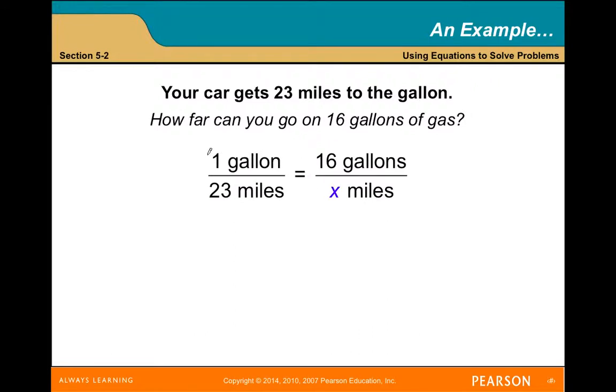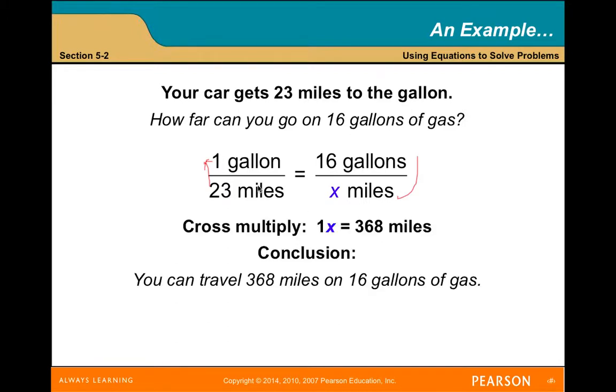So with 1 gallon, you get 23 miles. So for 16 gallons, how many miles do you get? That's what we're trying to solve. So you cross multiply. 1 times x equals 1x. 23 times 16 equals 368 miles. And 1x is the same as x.